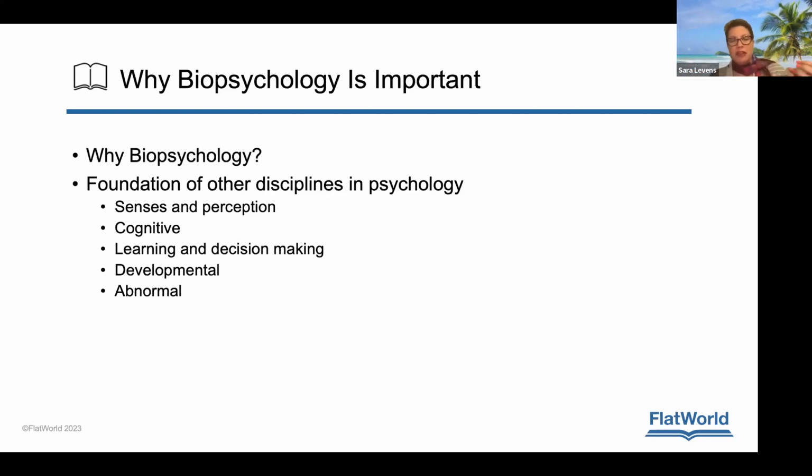The sensation and perception will be taken in and derive meaning, and then we have cognition, learning, and decision making. And what happens when those things go awry in abnormal psychology, or how do they develop in the first place? So these are some key disciplines that many of you are interested in, that have really strong foundation components from biopsychology.